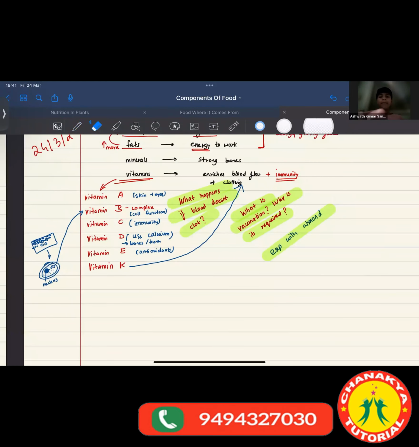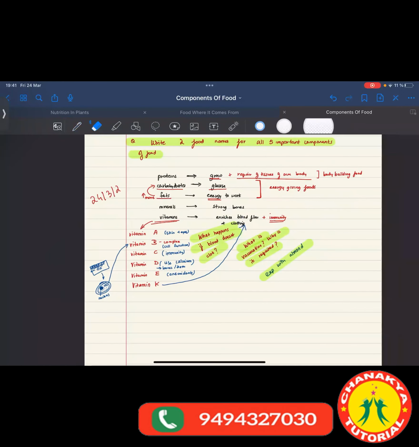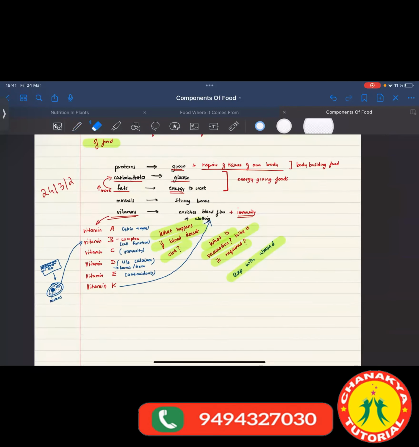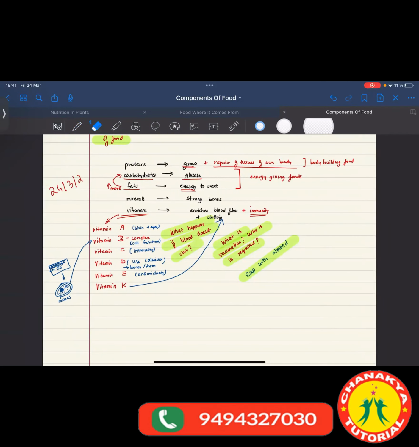No, ma'am. Okay, then note everything down, your homework and the classwork, both of it. Please note it down quickly and let me know you're done.